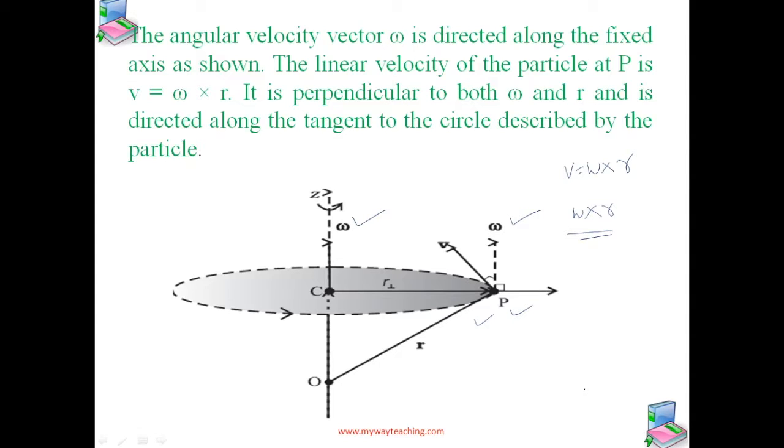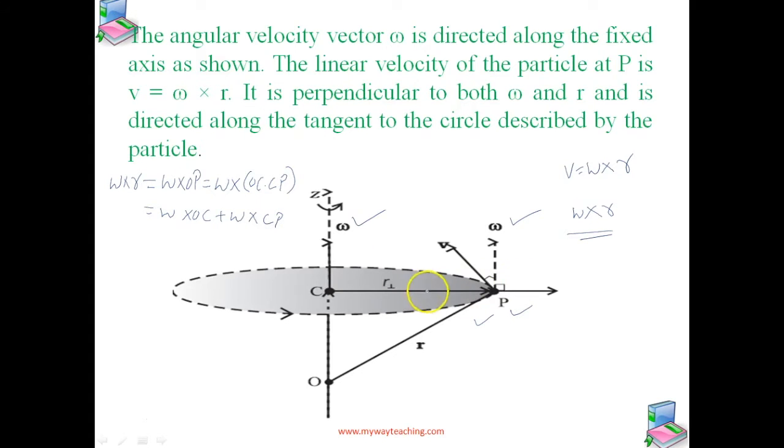So now if we consider w cross r, this r is given by OP, and we can write w cross OP as w cross OC plus w cross CP.